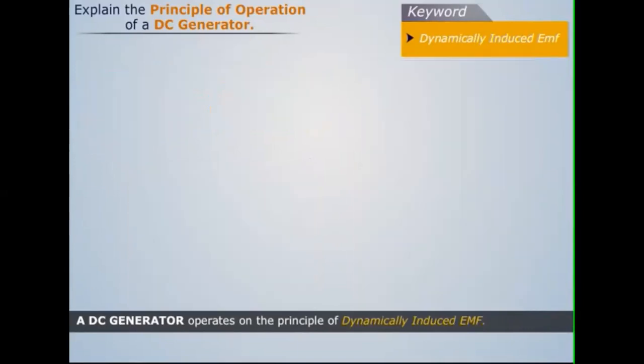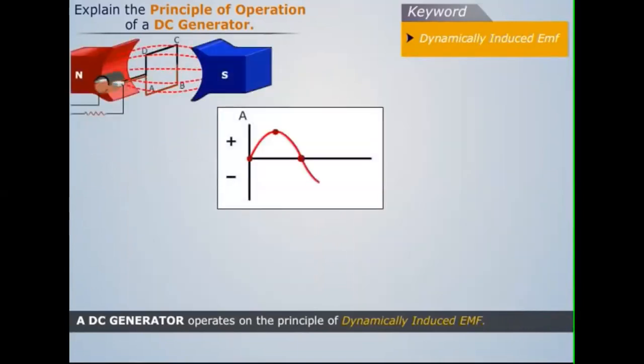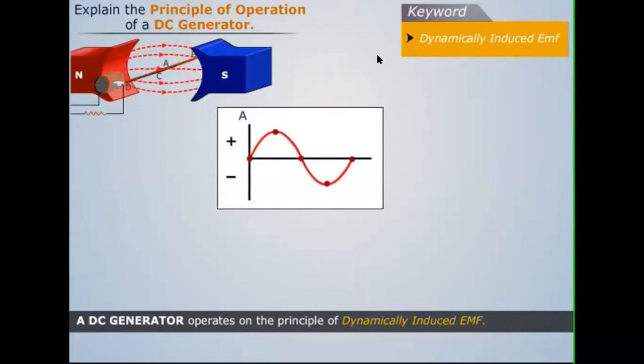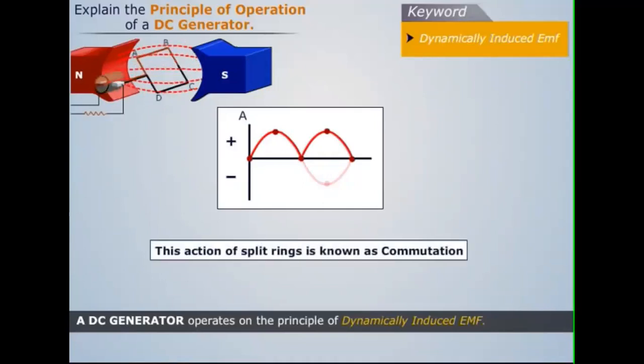Thus, similar to an AC generator, current induced in the coils of a DC generator is also alternating. But due to the rectifying action of the split rings, current across the external load becomes unidirectional. This action of split rings is known as commutation.